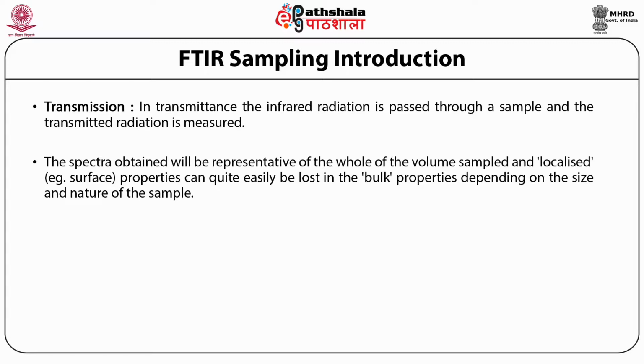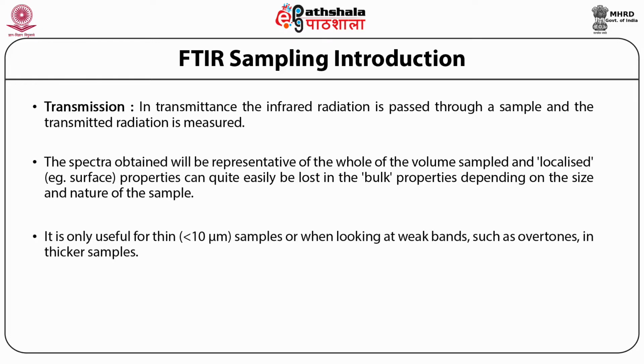For example, surface properties can quite easily be lost in the bulk properties, depending on the size and the nature of the sample. It is only useful for thin samples, less than 10 microns, or when looking at weak bands such as overtones in thicker samples.